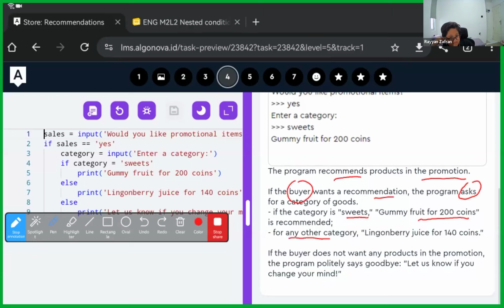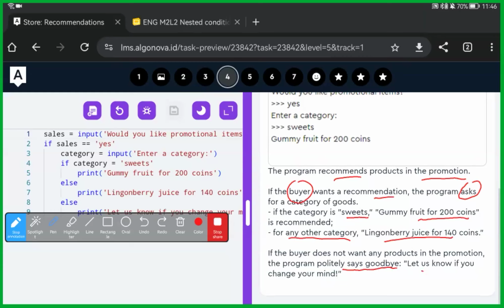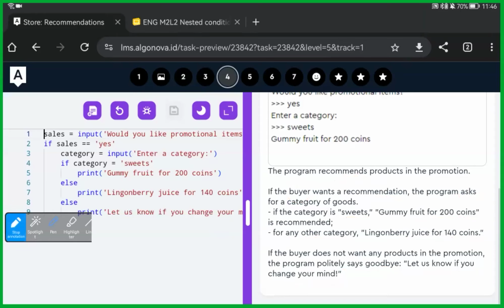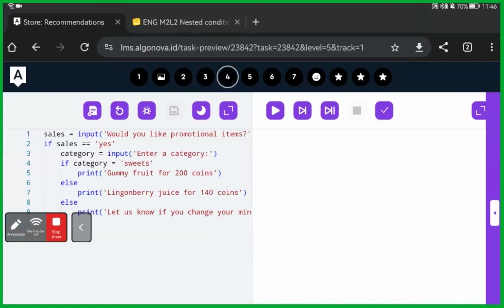For any other category, please print this. You got it? Yeah. If the buyer doesn't want any product in a promotion, the program politely says goodbye and says let us know if you change your mind. You got it? Yeah.